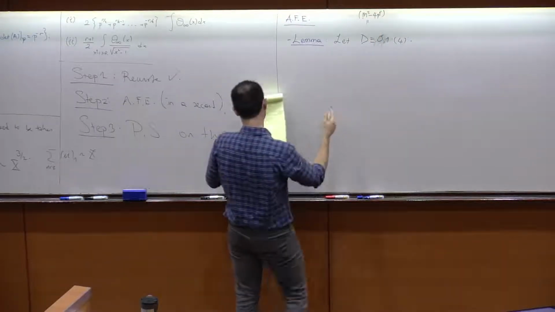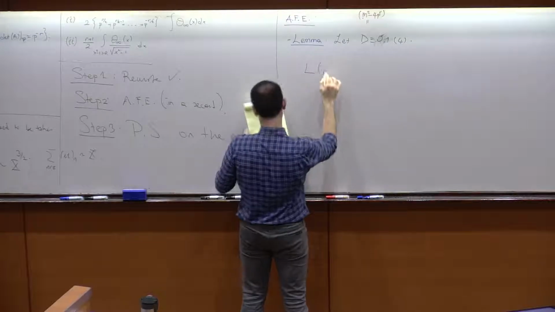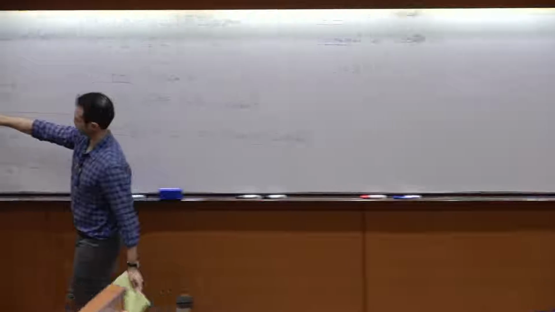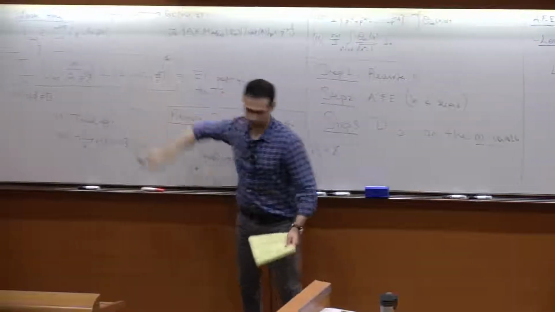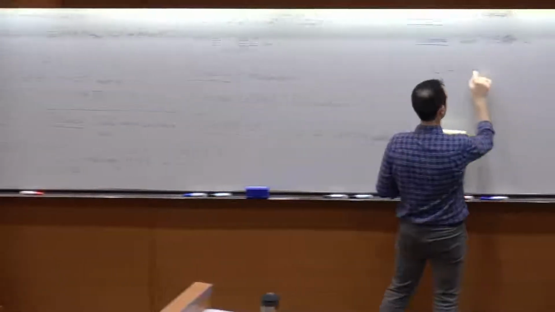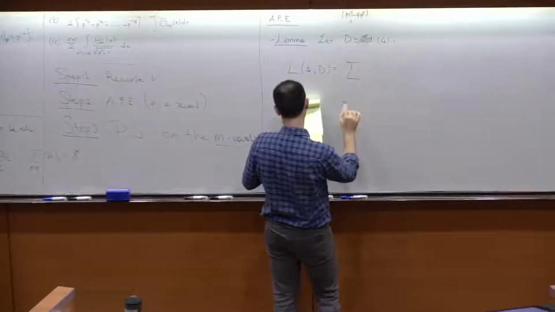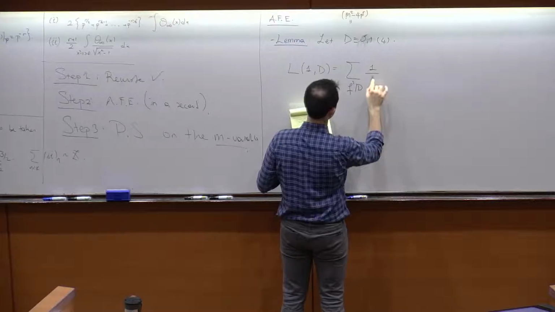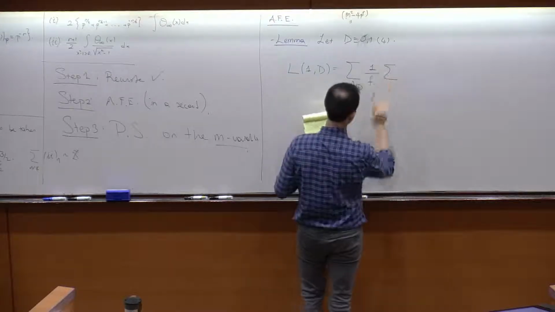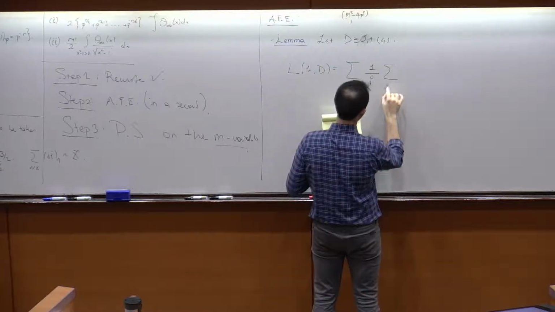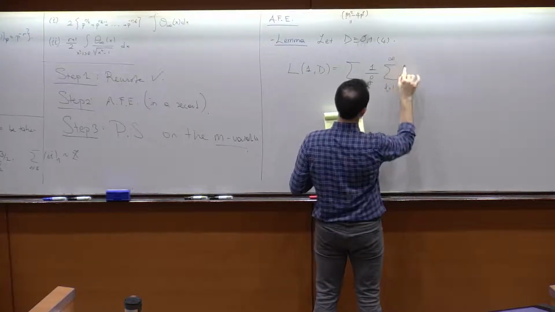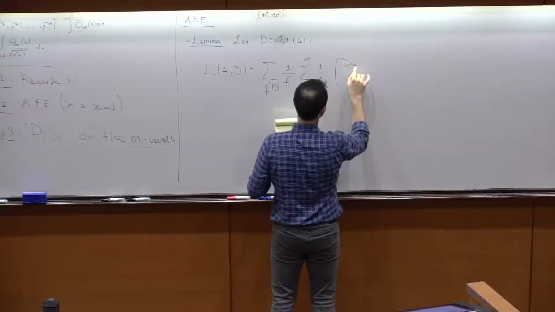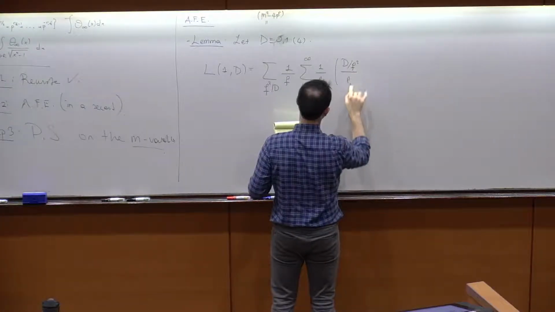So then L_1 of D, this function right here, but with a D here, is the following: the sum over f, this is exactly the same thing that we have done yesterday, 1 over f, in the definition of the function, and L equals 1 to infinity, 1 over L, (D over f squared over L).